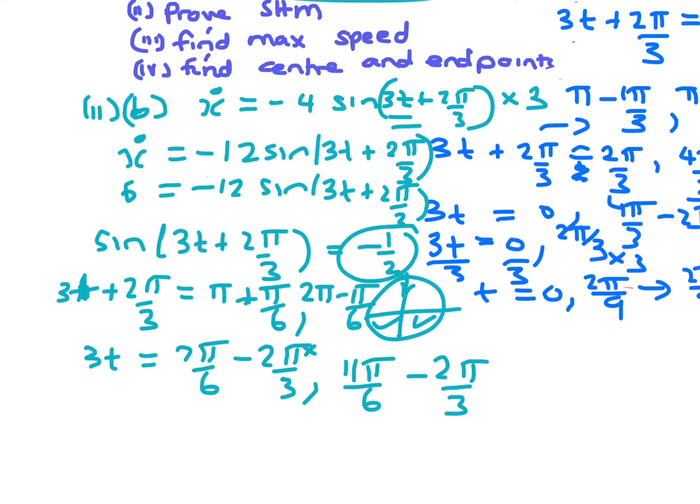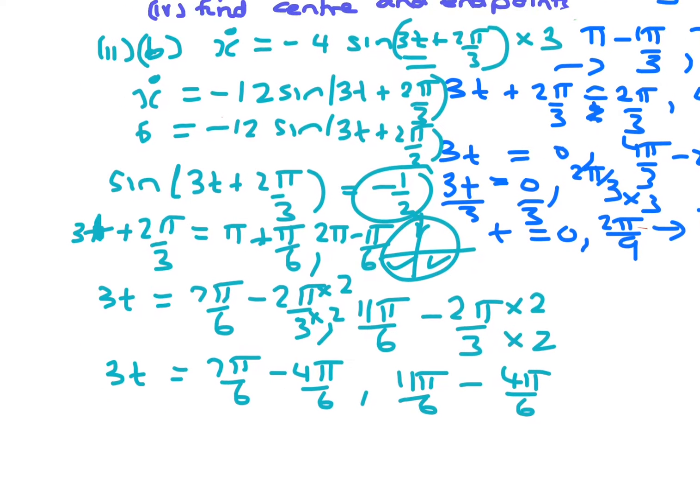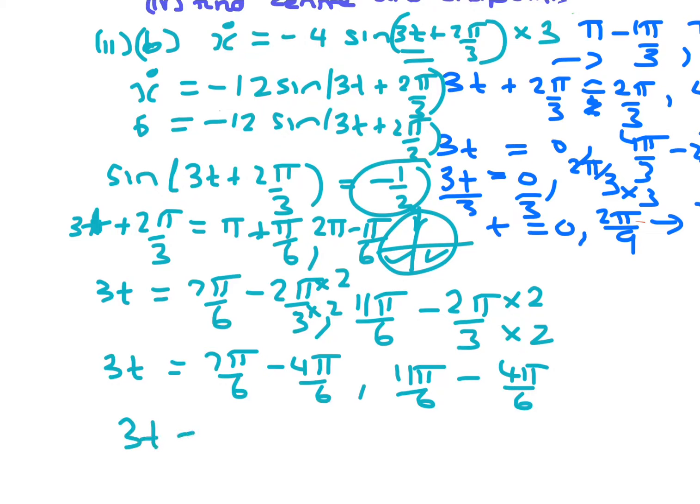So just get a common denominator, so times 2 times 2. 3t is 7π/6 minus 4π/6, 11π/6 minus 4π/6. Okay, so that's 3t equals 3π/6, and 11 minus 4 is 7π/6.